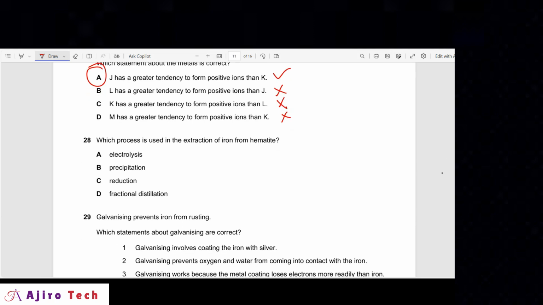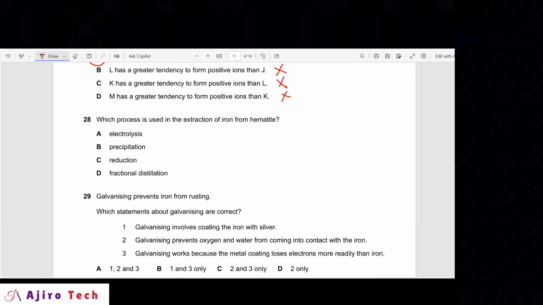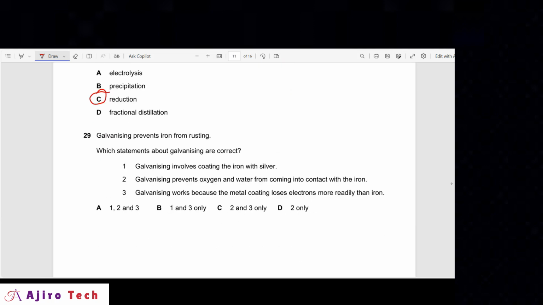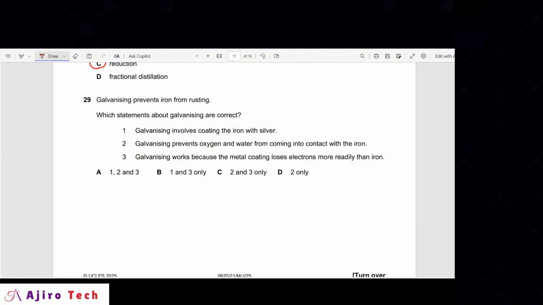28. Extraction of iron from hematite. Of course, you know it's reduction, using coke. Galvanizing prevents iron from rusting. So which statements about galvanizing are correct? Galvanizing involves coating the iron with silver. No, we don't do that in galvanizing.